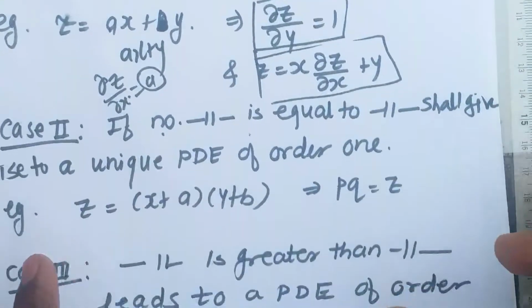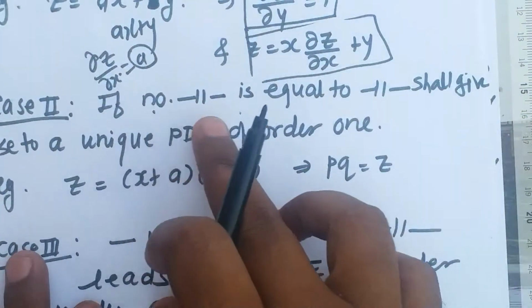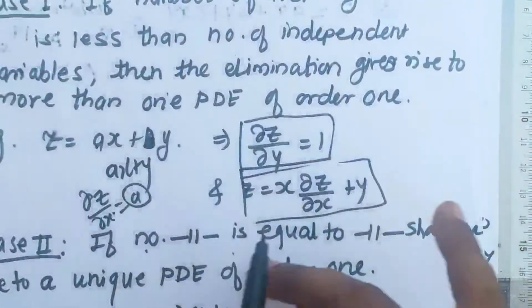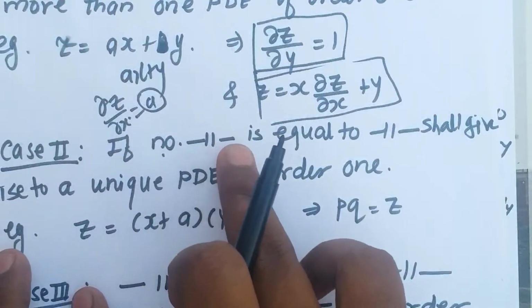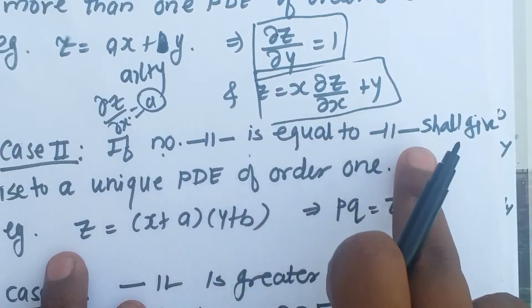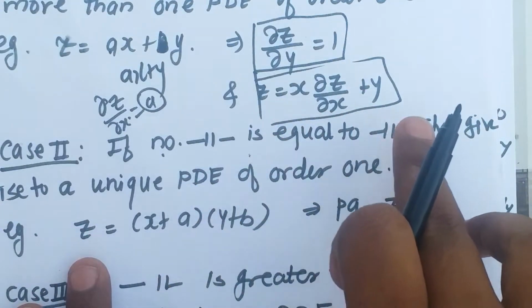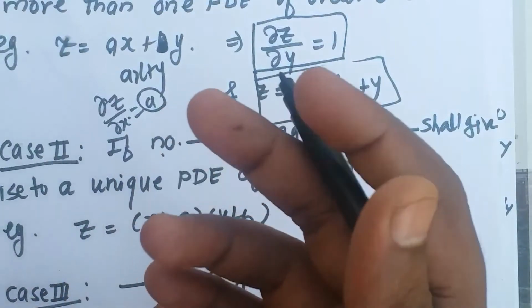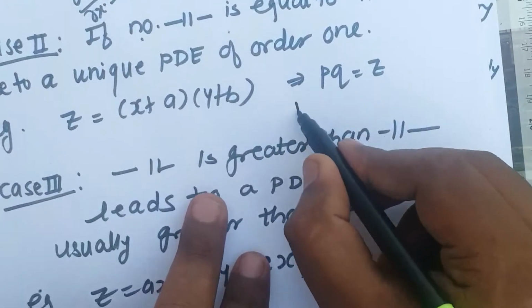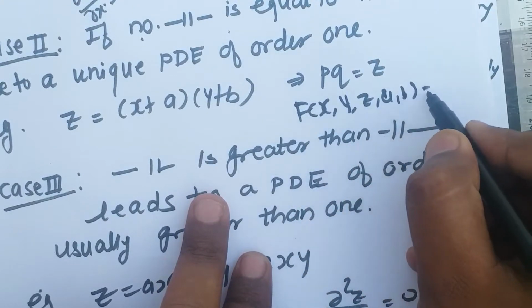Now case number 2. Case number 2 is the same case that we discussed in the previous video. If the number of arbitrary constants is equal to the number of independent variables, meaning if the number of independent variables is 2, we considered one relation that day in the previous video, f of x, y, z, a, b equal to 0, right?